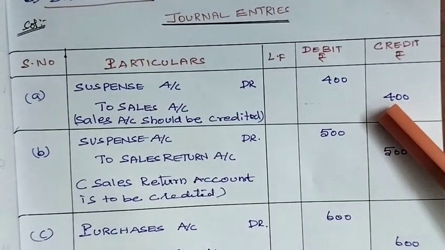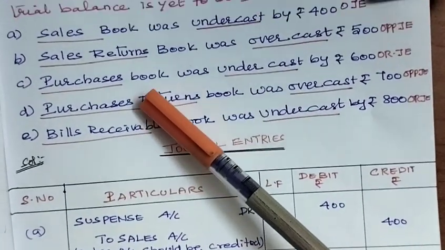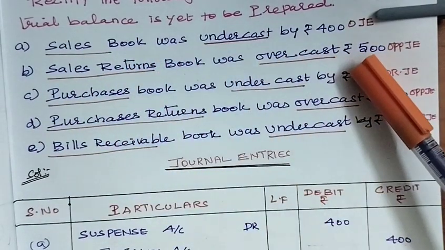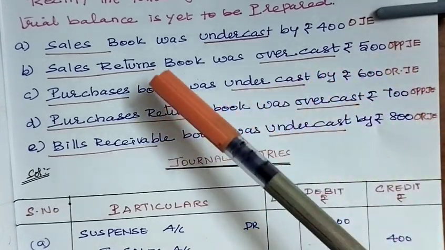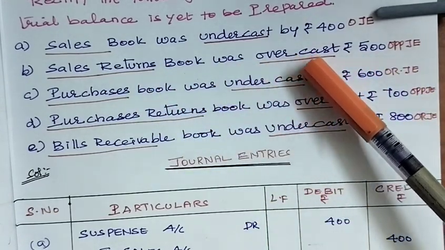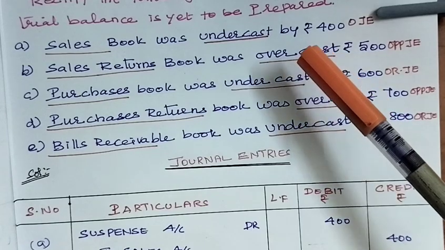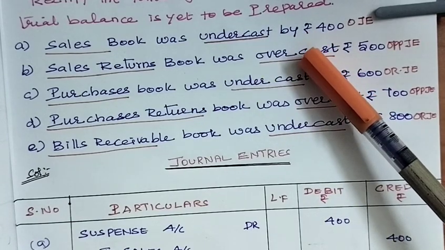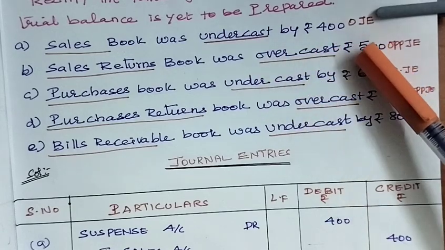Then the next transaction: sales return book was overcast by rupees 500. Listen carefully to the word given here, overcast. Whenever you see overcast, more, or excess, you have to follow the opposite journal entry.